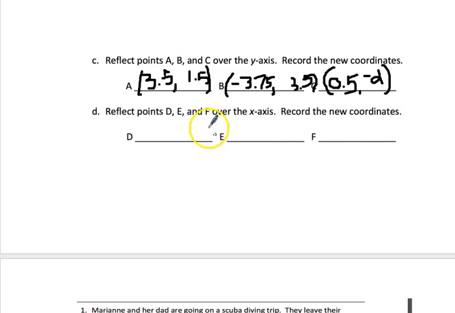Okay, you should be finished now. So the points are going to be, remember, x is not changing for these. So 1 5/10 is going to stay, but the negative is now going to become just 4 75/100. Okay. Point E, x is not going to change. It's going to remain 4 5/10. And y is going to be 5/10.